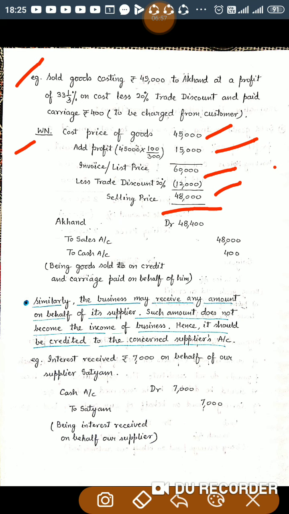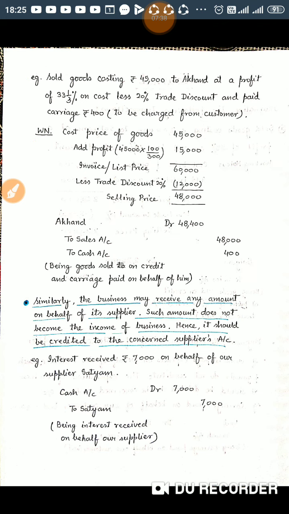He is the receiver of goods of 48,000 and at the same time he is the receiver of rupees 400, because we are making payment on behalf of him and this 400 which we are paying as carriage, he is the actual receiver of that expense. So he is the receiver with 48,400. Akhand should be debited with 48,400. Sales as an income nominal account should be credited with 48,000 and cash is going out from the business, so 400 should be credited.